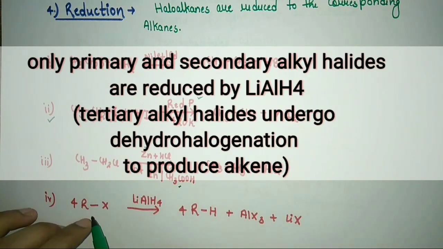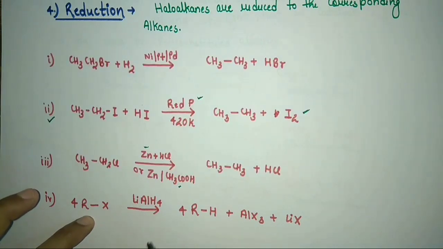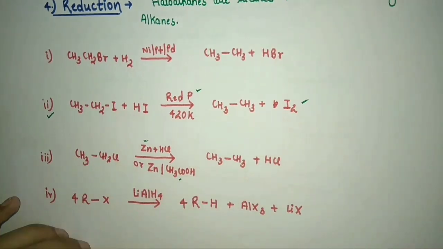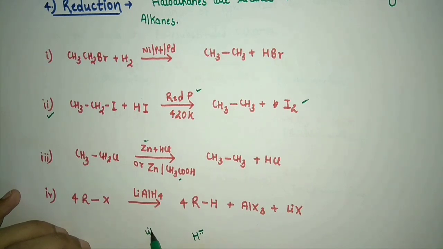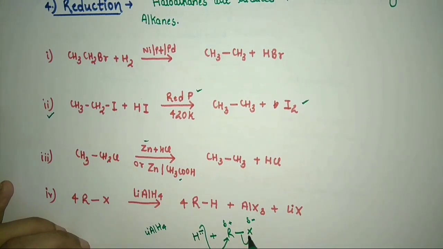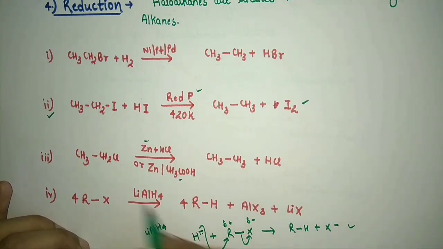This is our alkyl halide, and in the presence of lithium aluminum hydride, it will be reduced to the corresponding alkane, since the hydride ion is provided from LiAlH4. The alkyl halide contains a partial positive charge and a partial negative charge, the hydride goes to the carbon, and the halogen atom is released with its bonding pair of electrons, forming RH plus X minus. So this is the mechanism using lithium aluminum hydride.